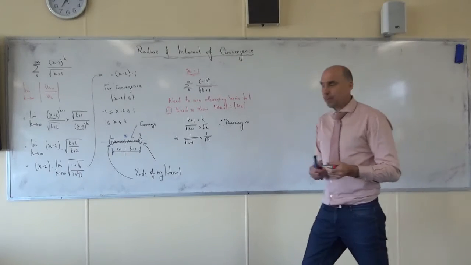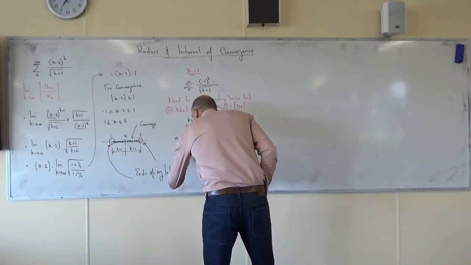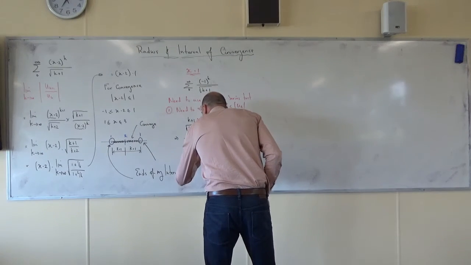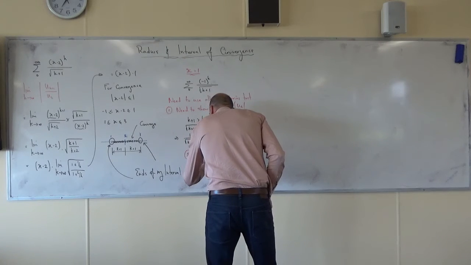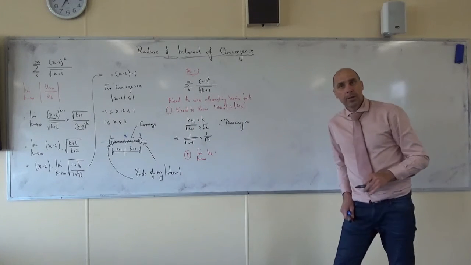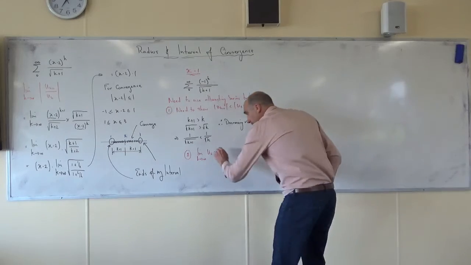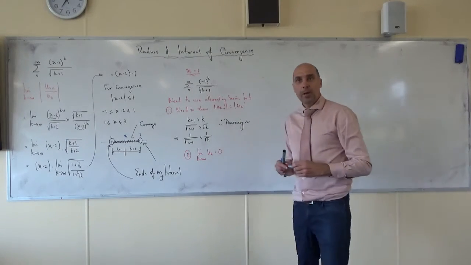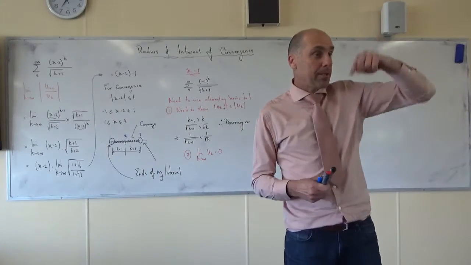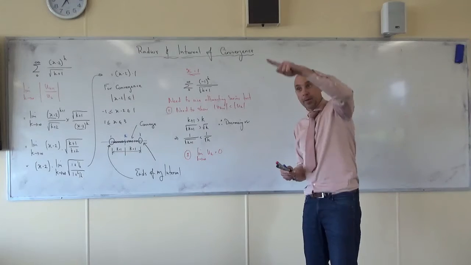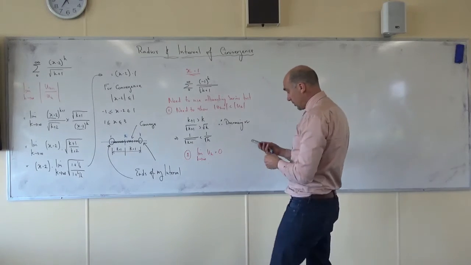What's the second condition? The second condition is the limit as k approaches infinity of u_k must equal 0. That's right. The infinite term must be 0. So you must be basically adding on 0. So it's going up and down, and gets smaller and smaller. So let's do that test.